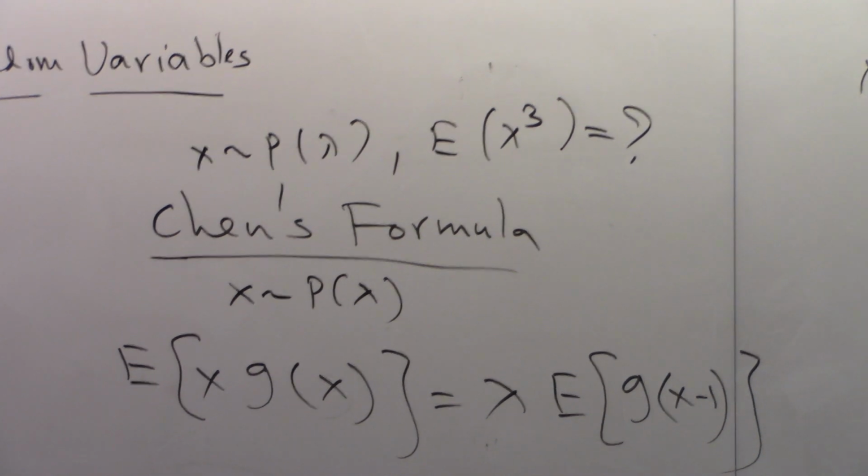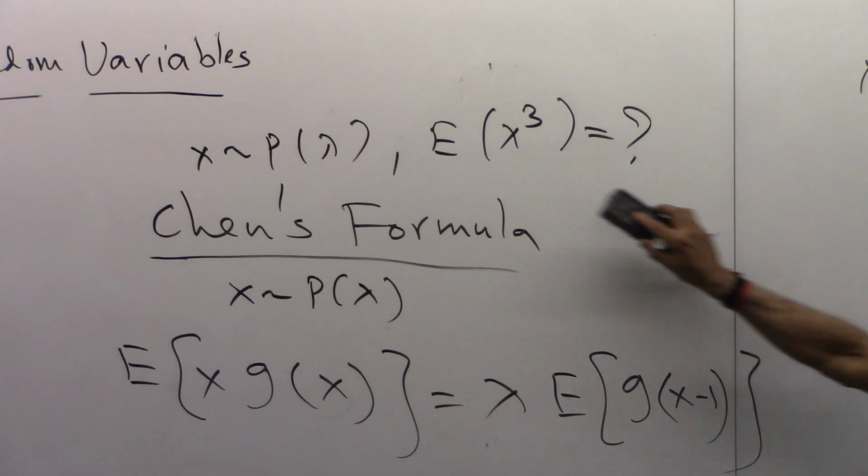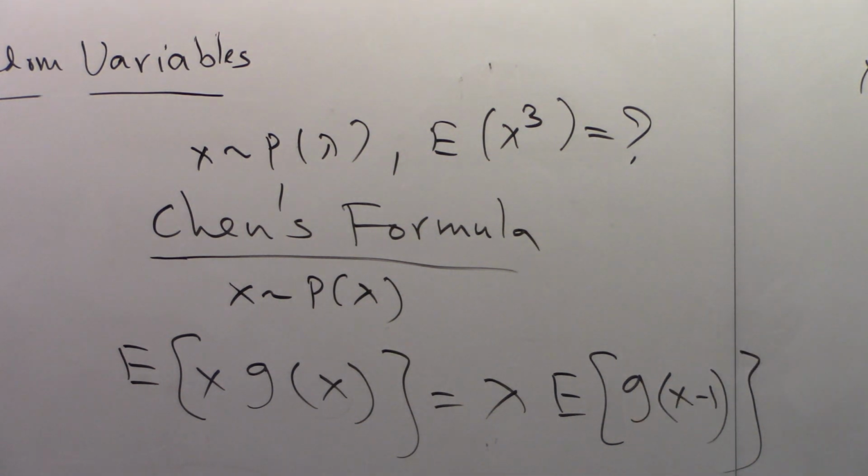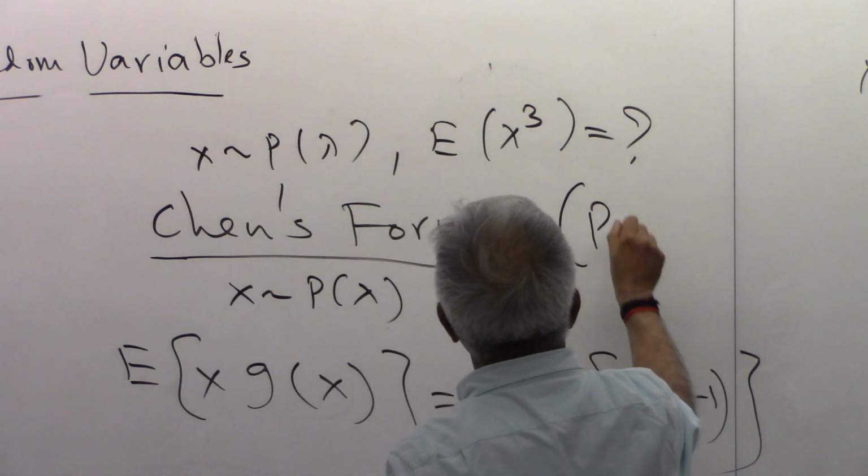Let me prove the theorem first, then we will use this to compute. You should be able to do x cubed, x to the fourth, everything using this. This is easy. Or you can use what I did earlier. Remember, Chen's formula is only good for Poisson.